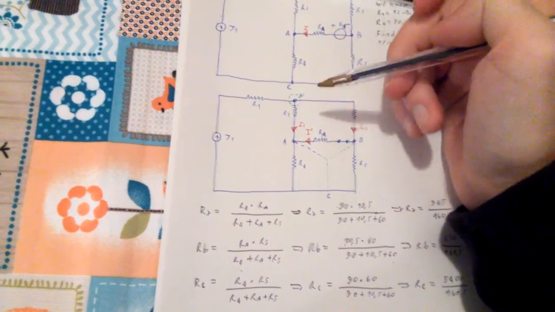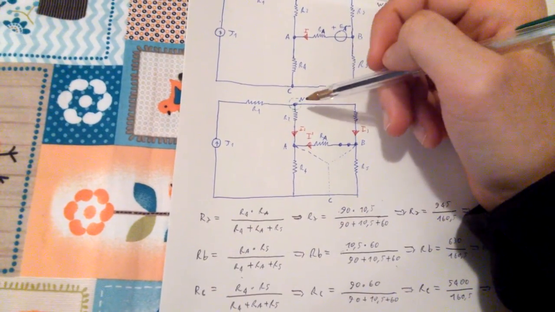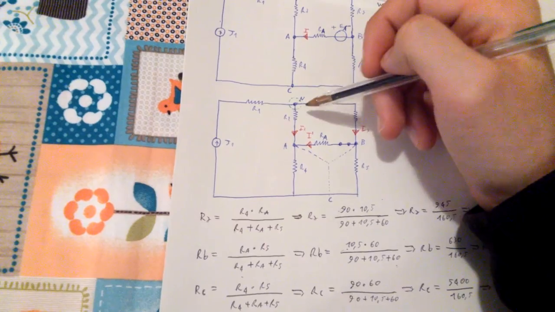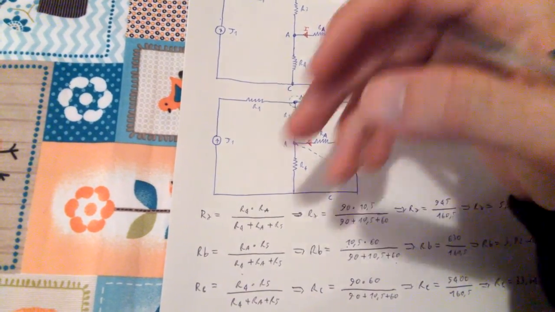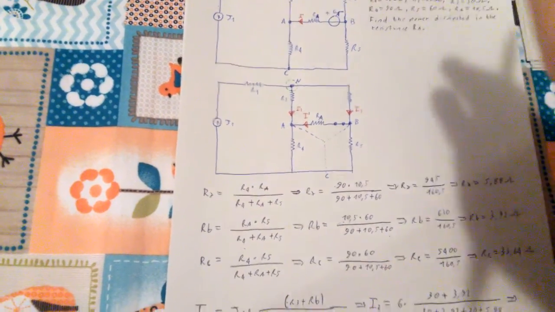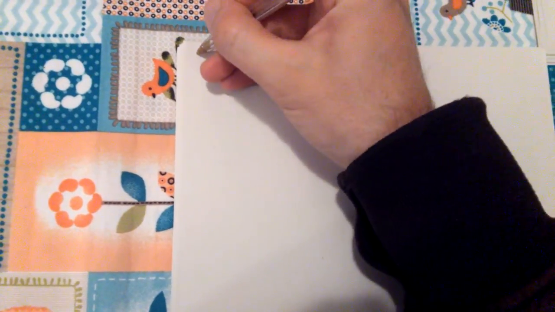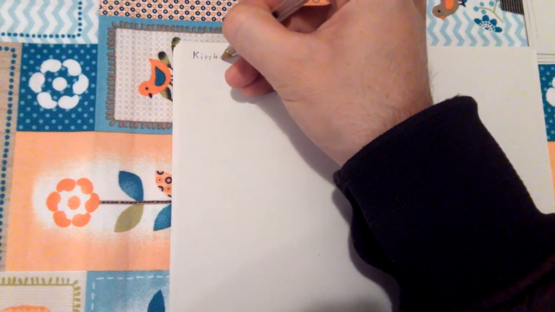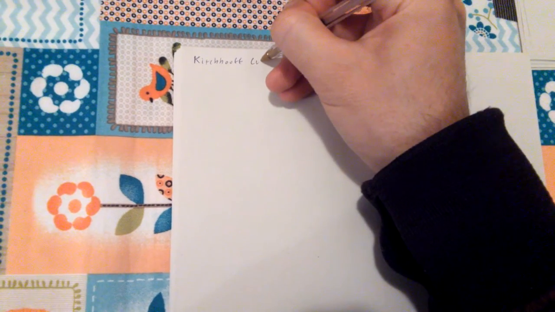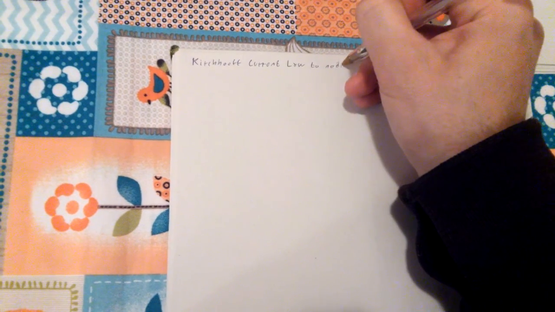If you remember, the Kirchhoff current law says that the sum of the currents entering a node is equal to the sum of the currents leaving that node, so going out from that node. Before that, I'm going back to the picture. So I'm going to apply the Kirchhoff current law to node N.